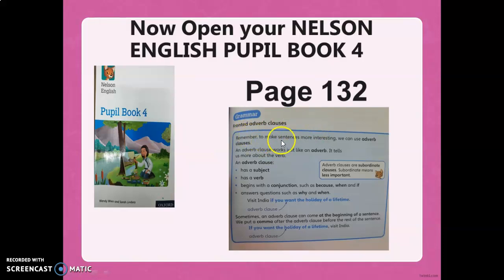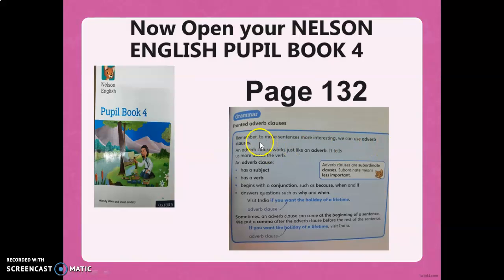Remember, to make sentences more interesting, as we always ask you, we can use adverb clauses. An adverb clause works just like an adverb. It tells us more about the verb. Remember adverbs like slowly, politely. These are words that describe the verbs.